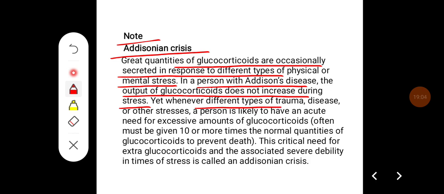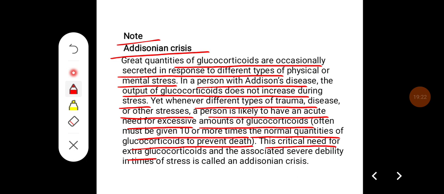Yet, whenever there is trauma, disease, or other stress, a person is likely to have an acute need of excessive amounts of glucocorticoids, often must be given 10 or more times the normal quantities to prevent death. This critical need for extra glucocorticoids and associated severe debility in times of stress is called Addisonian crisis.